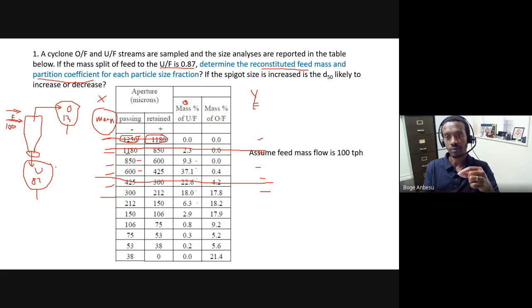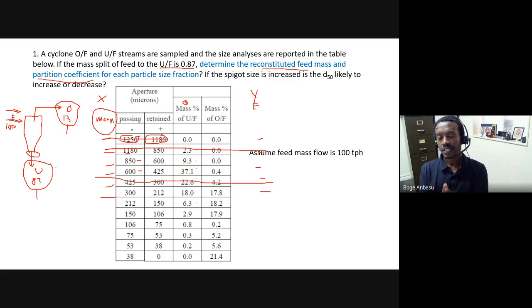For example, maybe I'm trying to classify 5 micron particles, but the water already contains 8 micron particles. That is a problem, even if it's low TDS. So the limit is not on TDS, it's on coarse particles that may be present in the water. You could have low TDS or 200,000 TDS and still operate a cyclone. That's one thing we need to address.